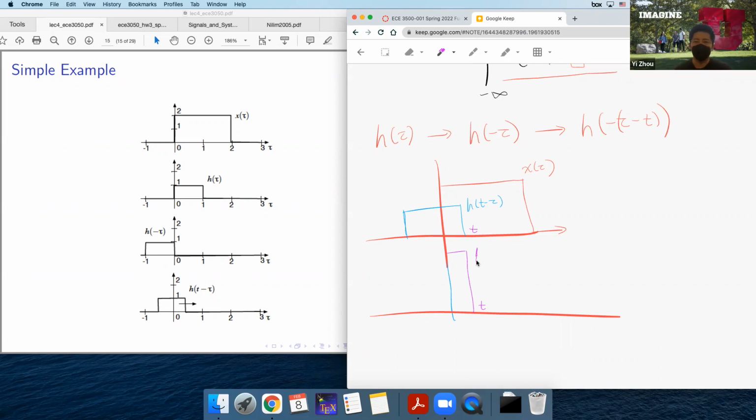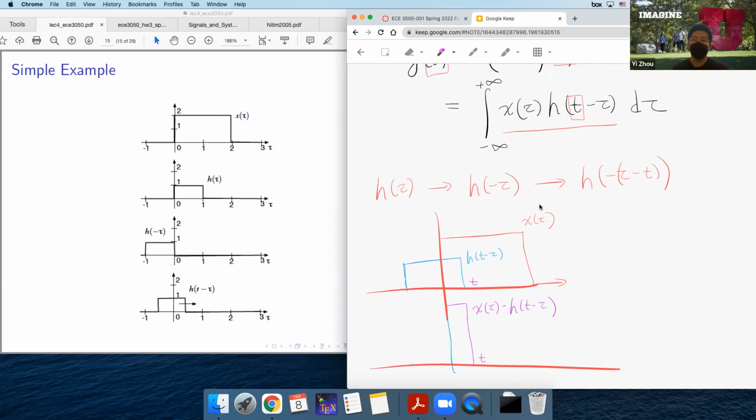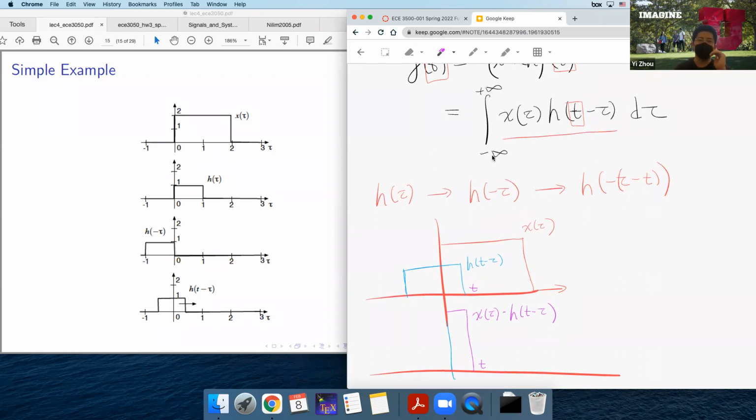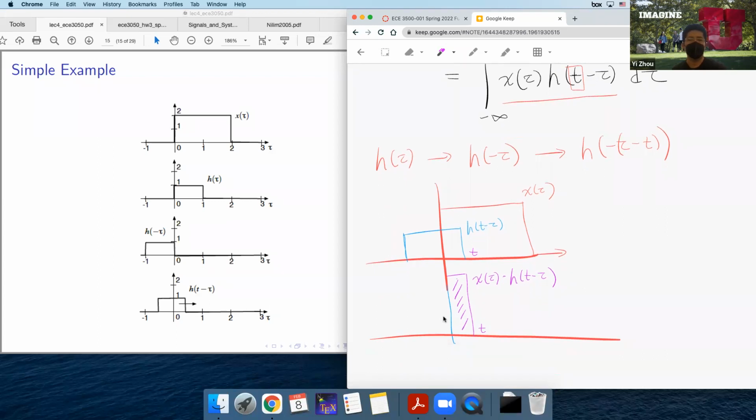So this is x(tau), and this is x(tau) times h(t minus tau), which you can understand intuitively as their overlapping region. Then we need to integrate this product, integrate this signal over time tau, which basically corresponds to the area under this rectangular region.